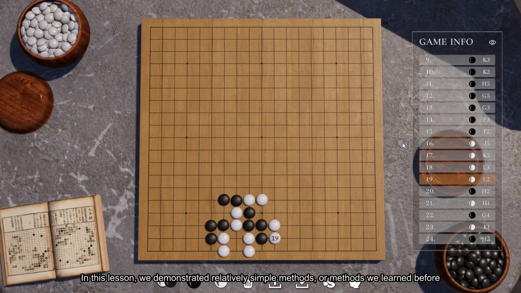In this lesson, we demonstrated relatively simple methods, or methods we learned before. One is through continuous Ataris, and the other is using a throw-in to take the keystone's liberties, thereby winning the battle for life.